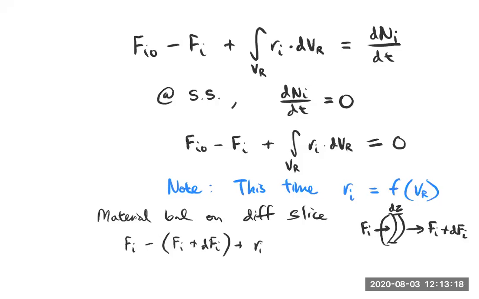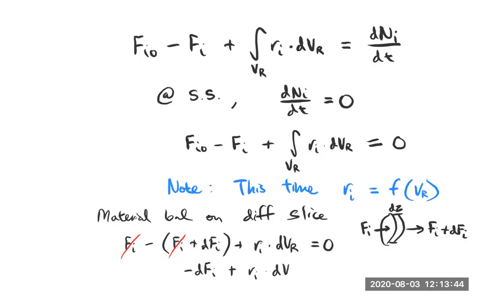This is our dVr, and that equals 0. Okay, and so when we look at these terms here, we get the cancellation of our Fi's. And so we end up with minus dFi plus Ri times dVr equals 0.